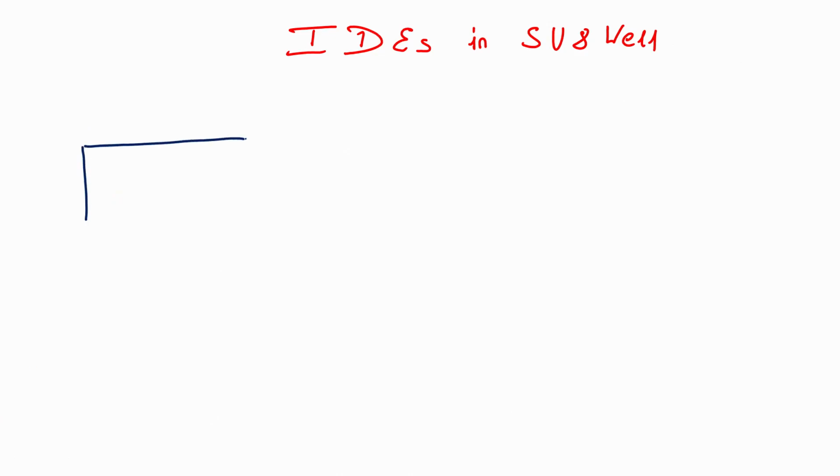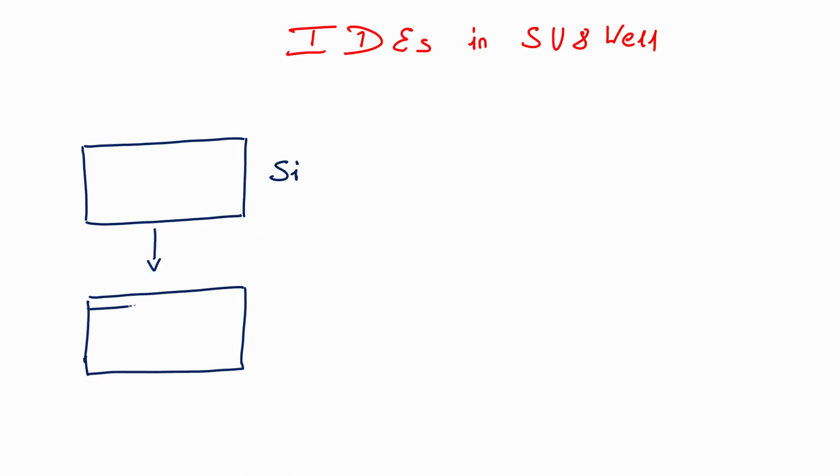We will take a silicon wafer, right, then we will clean the silicon wafer, then we will grow oxide on both the sides, okay.